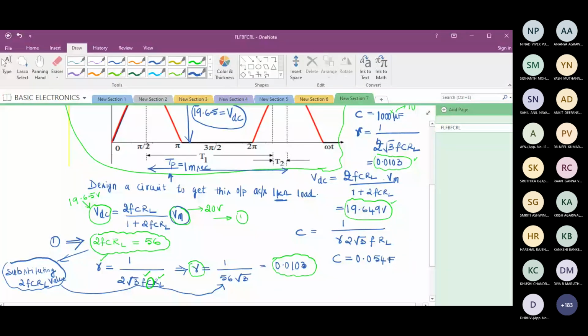One minute, sir, just check your answer. Others, is it matching? I don't know the answer. Randomly, I'm just taking some values and calculating, just to make you feel how we design a circuit. Are you getting this 0.054 or something else?